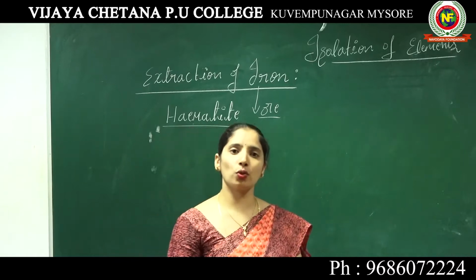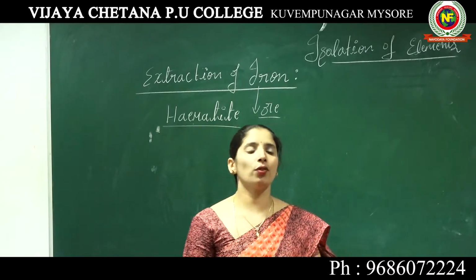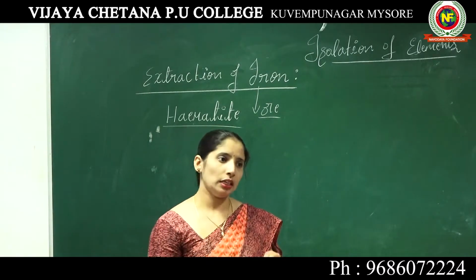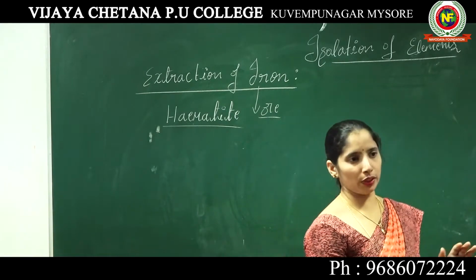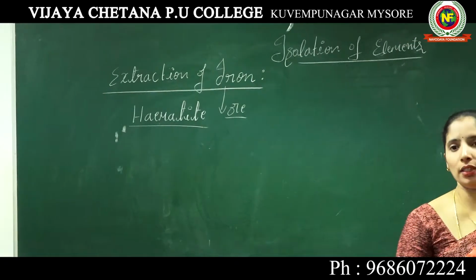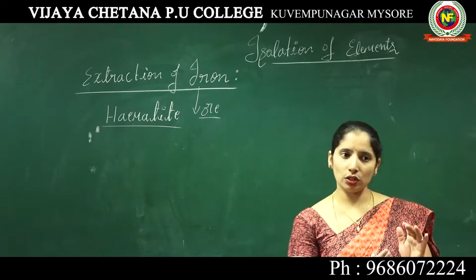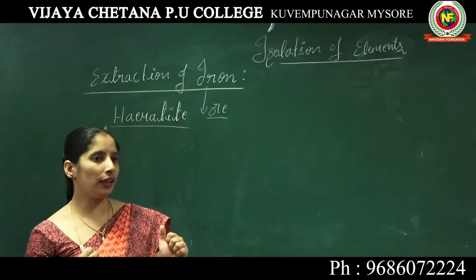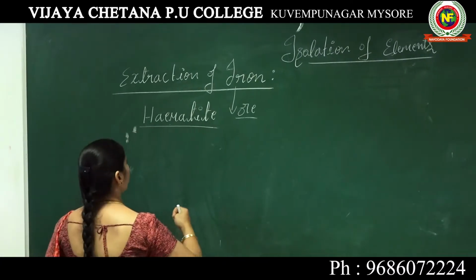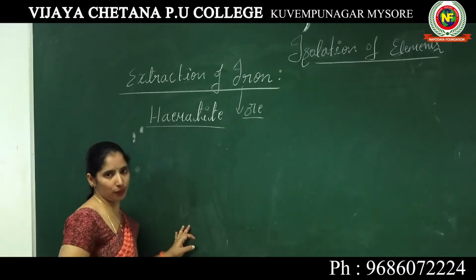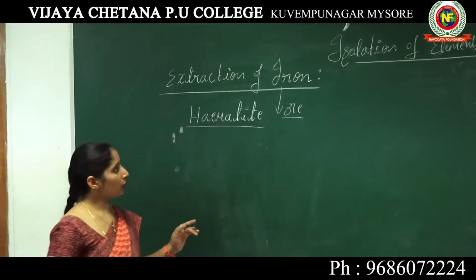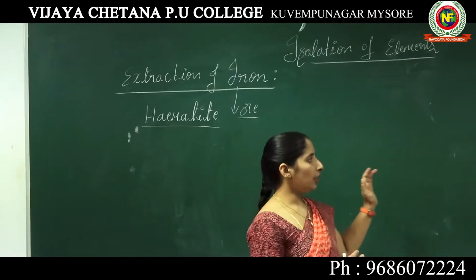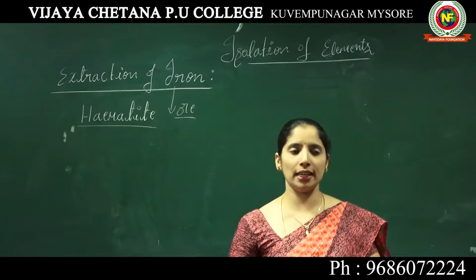The third one is the zone of combustion. The fourth is the zone of reduction. The fifth is the zone of slag formation. And lastly, the sixth is the zone of fusion. These are the steps we have to follow in extracting iron from the ore. Got it? First we will draw this blast furnace, then we will understand this concept very easily.